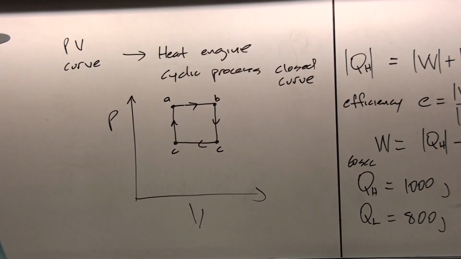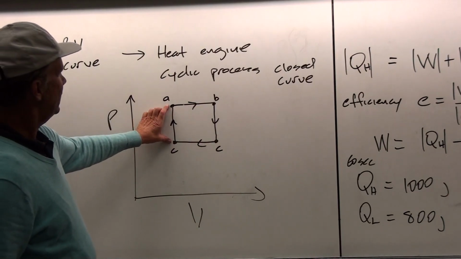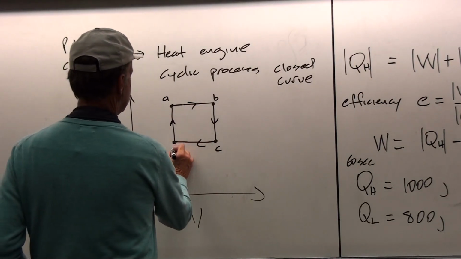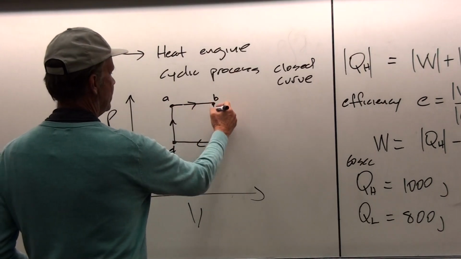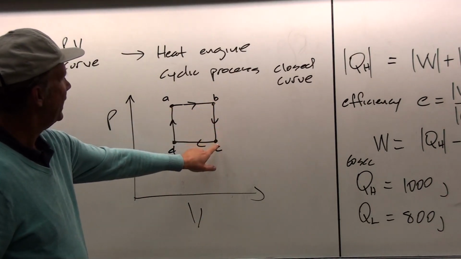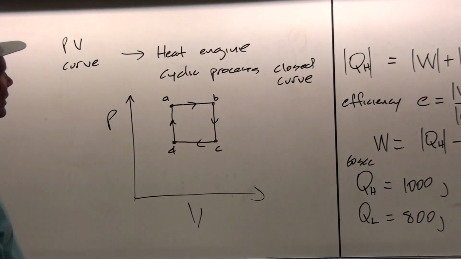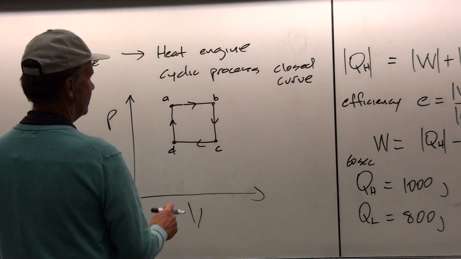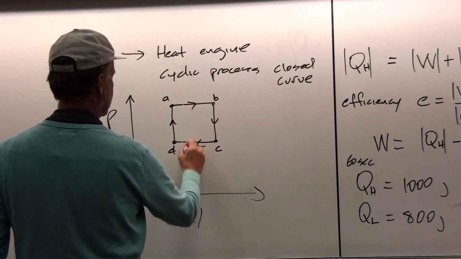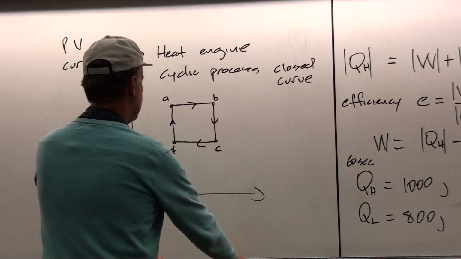Then we can see that in these processes of going, say, from D to A and from B to C, there's no work done. But in the process of going from A to B and C to D, we have just the area under the curve. So from A to B, the work done is going to be this total area here.